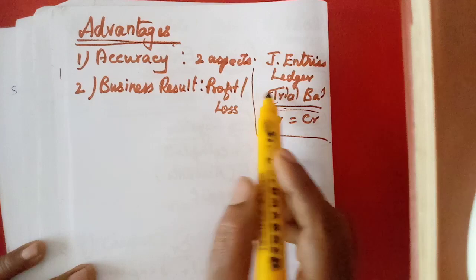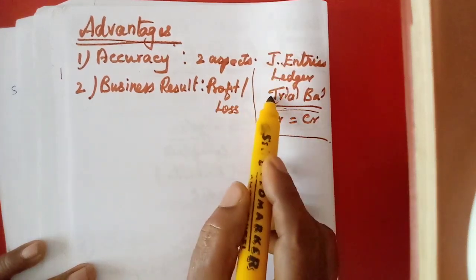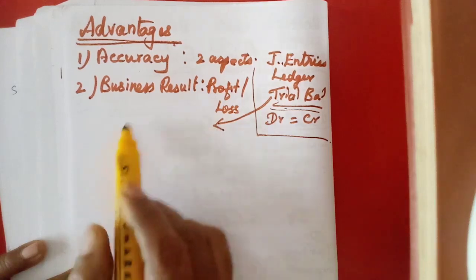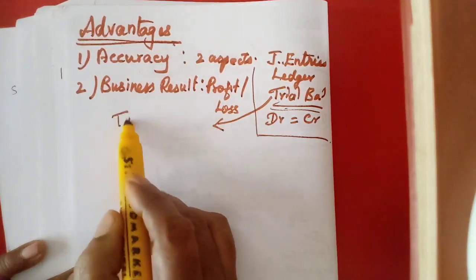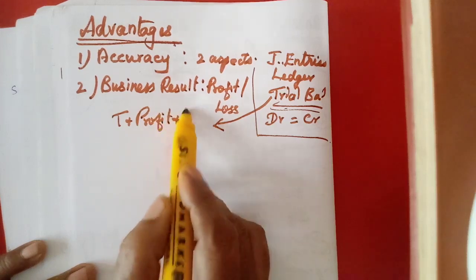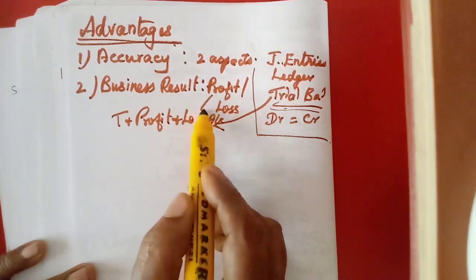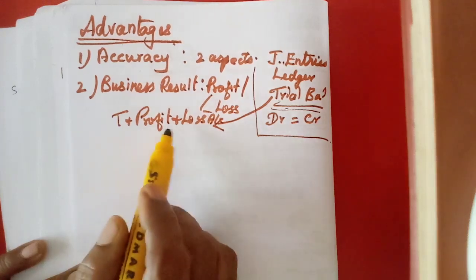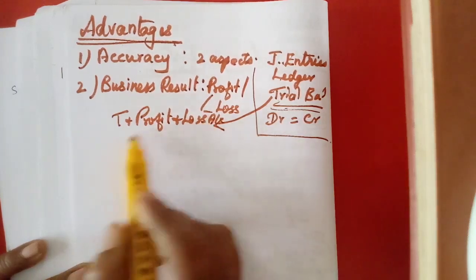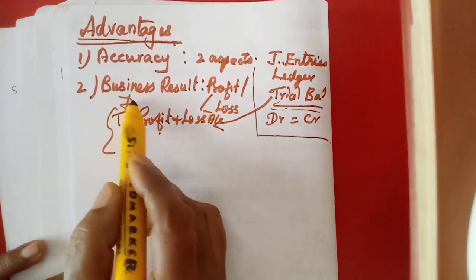So we prepare the journal entries, ledger and trial balance. With the help of this trial balance, we prepare the trading and profit and loss account, and we can find out either profit or loss. They are called the final accounts.